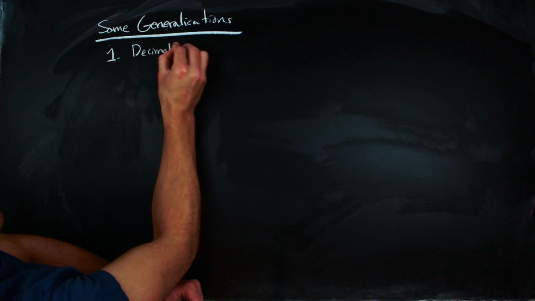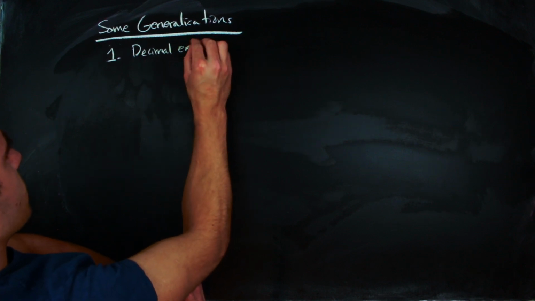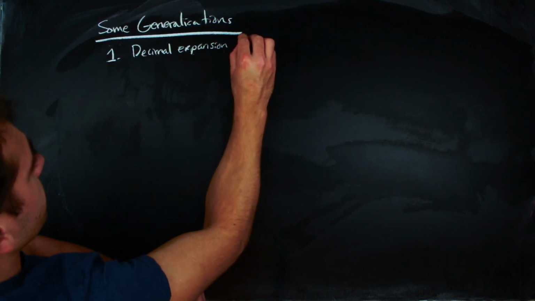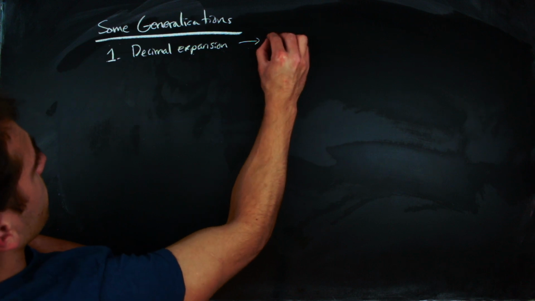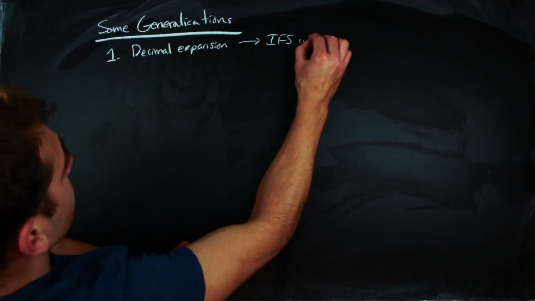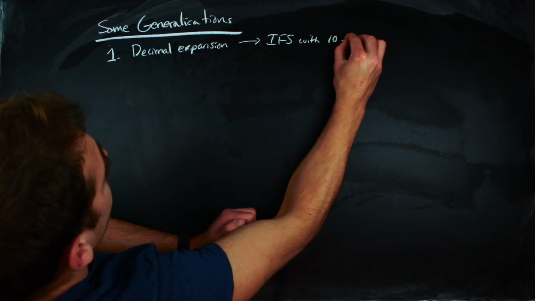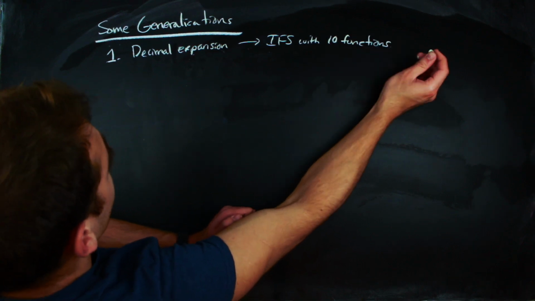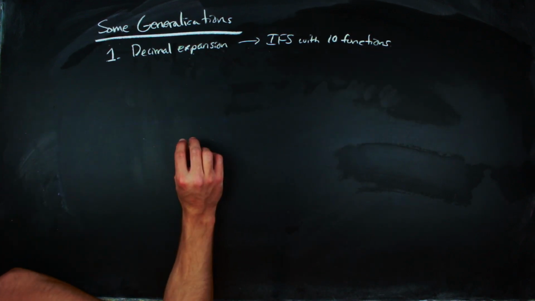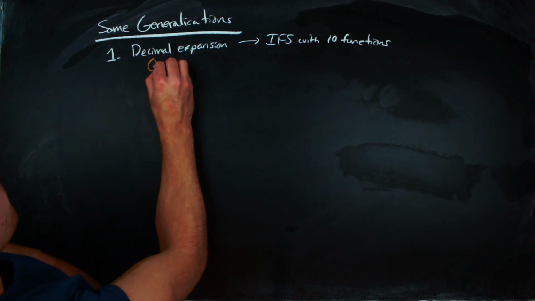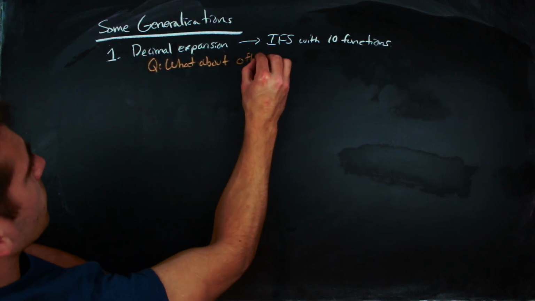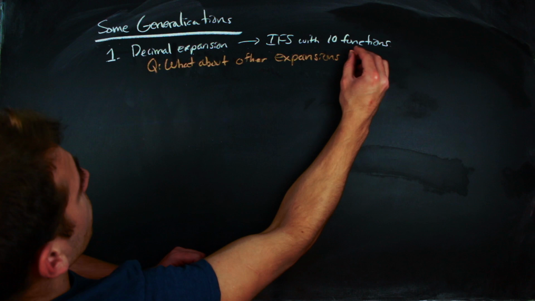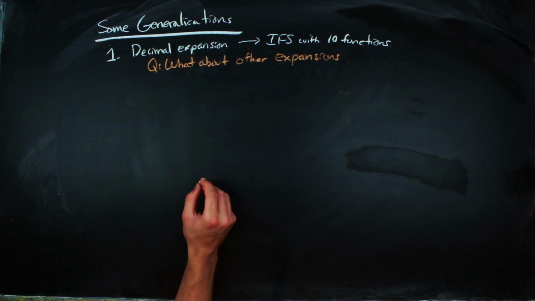Okay, so first off, decimal is a bit of a suggestive word because it implies that we must always continually subdivide whatever we're working with into 10 parts, in this case, the interval. And that is portrayed by the iterated function system since there are exactly 10 functions used. However, if we change the iterated function system in use, we get a different type of expansion of numbers between 0 and 1.